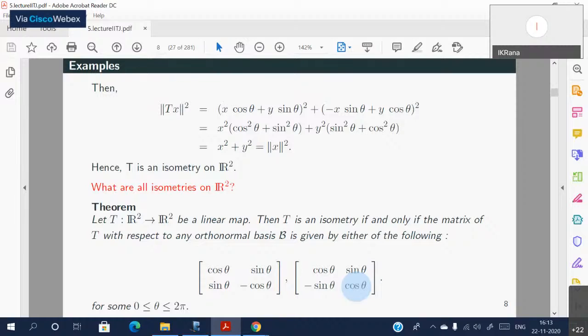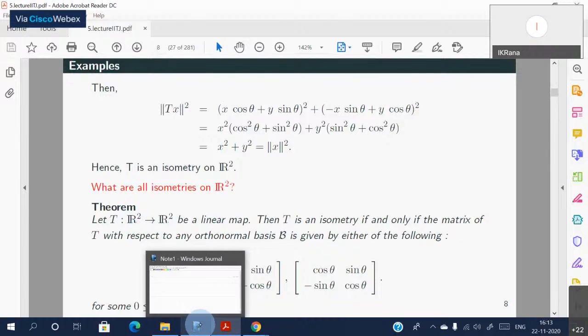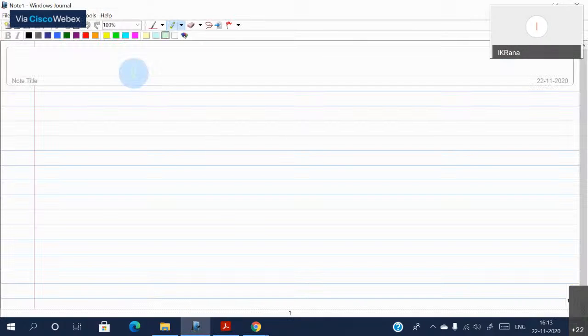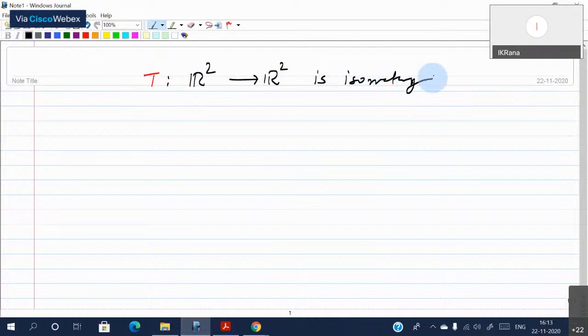Let me give you a hint how to prove it. You can do it yourself later on. If T from R2 to R2 is an isometry, and let us say the matrix of T looks like A, B, C, D, then the columns are orthogonal.